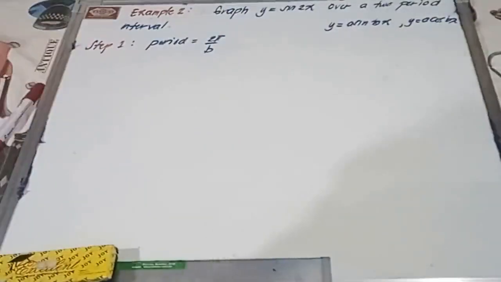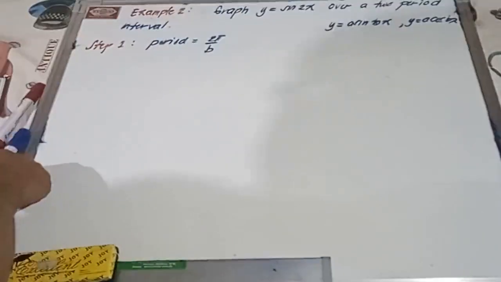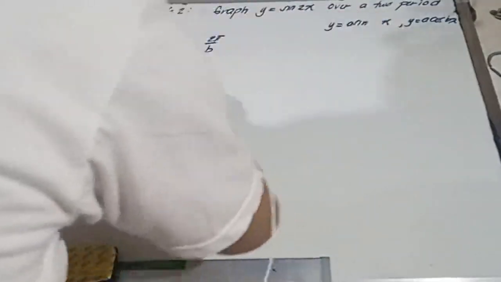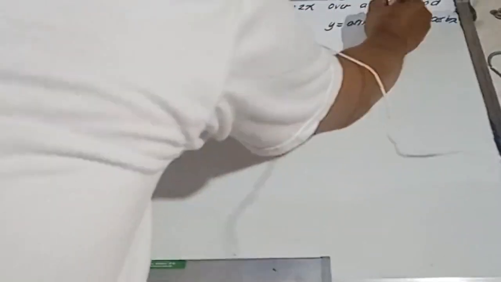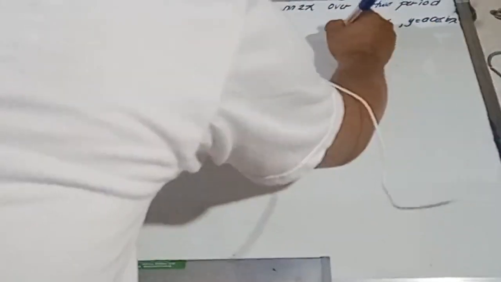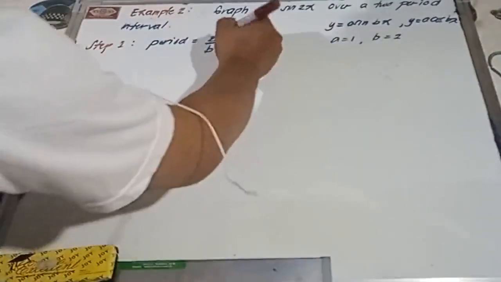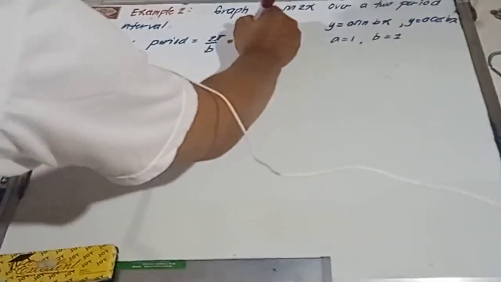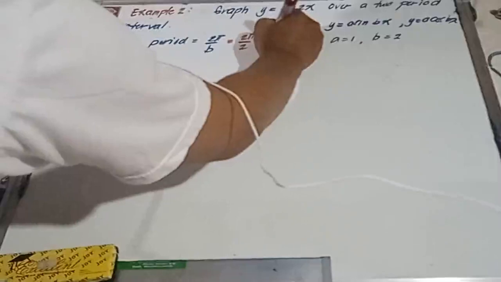Sa case ng ating example, y equals sine 2x, matching this to y equals a sine bx, ang a natin ay 1, ang b natin ay 2. So, therefore, ang period natin will be 2 pi over 2 or pi.